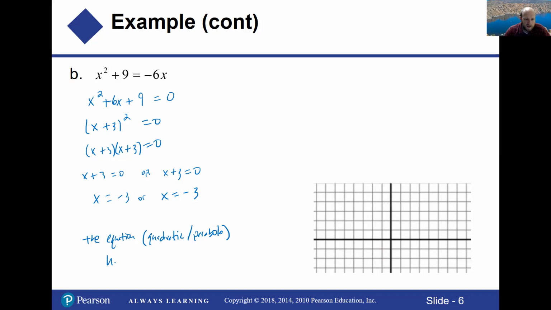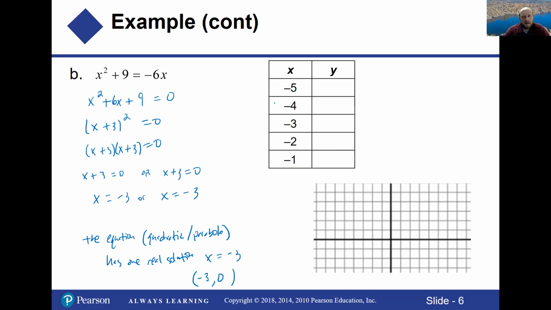The equation has one real solution, right? And where is that solution? It's at x equals -3. So this should be a parabola or a quadratic that doesn't cross, but touches the x-axis at the point -3, 0. And when we graph that, that's what we should see, okay?